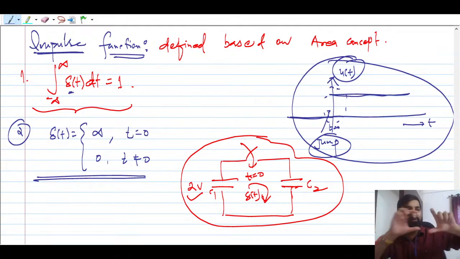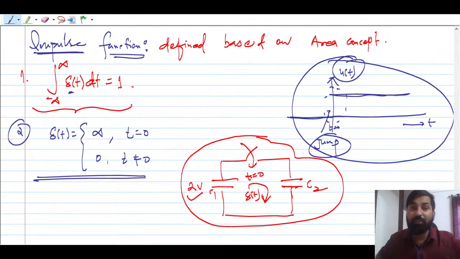Suppose you have a continuous time signal. Impulse function has many applications. Suppose you want to sample the continuous time signal. What you will do is multiply the impulse with the continuous time signal. Then it will give you a weighted, or sampled, version of the continuous time signal.